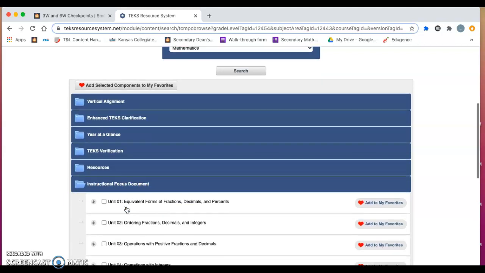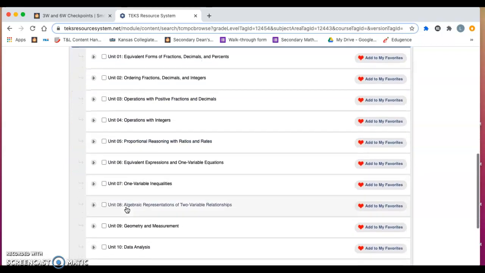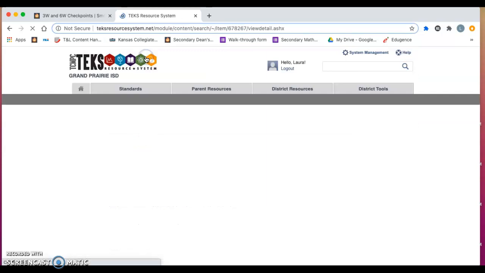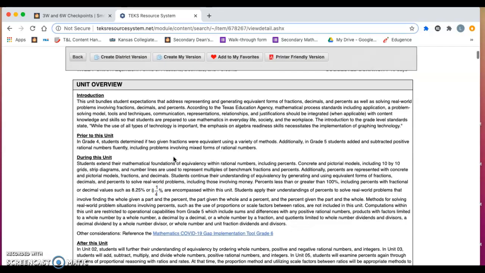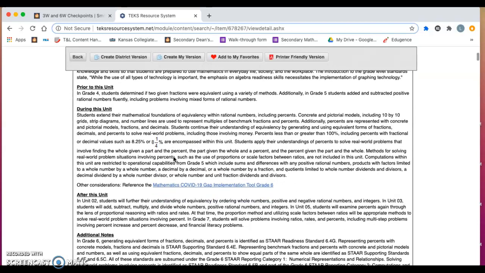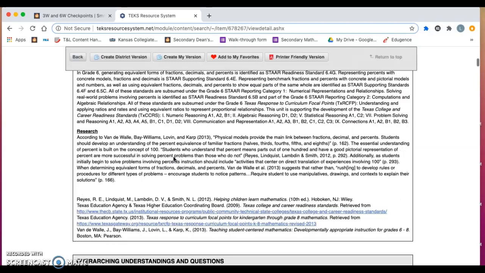So let's click on the instructional focus document, and here are all of your units that you find on the YAG. So I'm just going to, as an example, start with Unit 1. I'm going to click that and open it. And here is a lot of information about Unit 1 and the skills or TEKS that Unit 1 is going to cover.